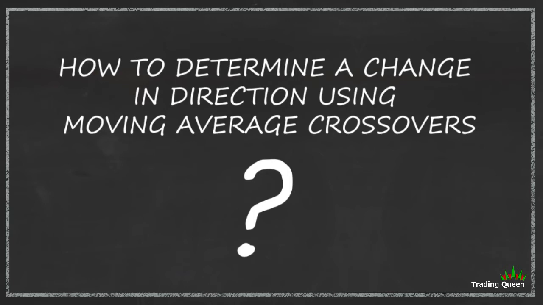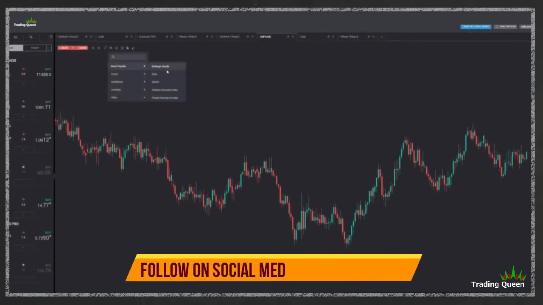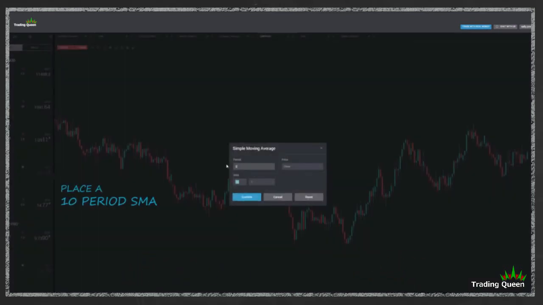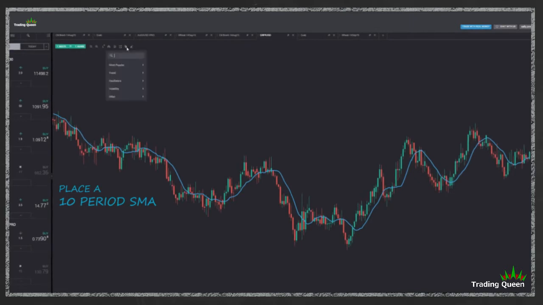Let me show you what I mean. On a daily chart for the pound US dollar, we will now place a 10-period simple moving average and a 20-period simple moving average.